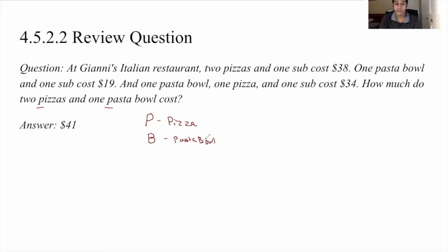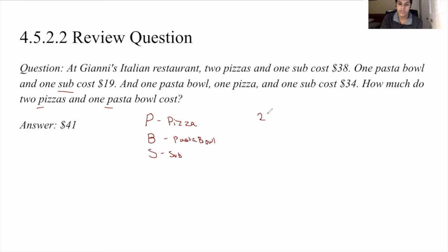And then finally, there's one more cost that we have in this question, and that's the cost of a sub. So we're going to use the variable S to represent the cost of a sub. All right, so now we have our 3 variables, P, B, and S. And now we need to come up with our equations. So first it says 2 pizzas and 1 sub cost $38.